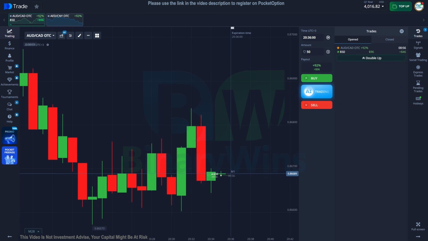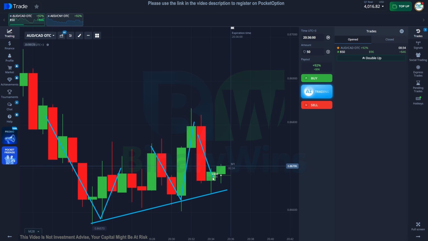I entered the higher trade. As you can see, I can draw a trend line here. Every time the candles reached this trend line, they couldn't cross it, and the trend reversed again.